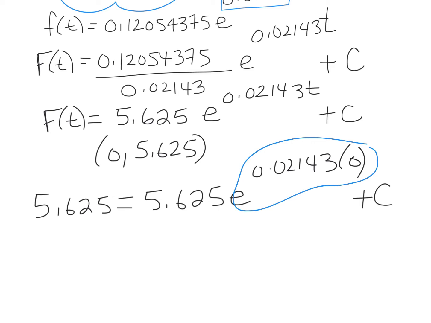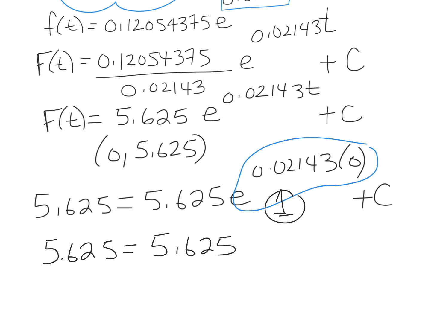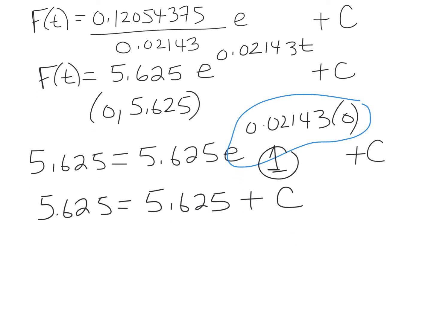Good. Remember that from our earlier days? So if this is equal to 1, then we have 5.625 times 1 plus c. On the right side of the equality, they're not multiplied, they're added. 5.625 is a term and c is a term. So we subtract 5.625 from both sides.